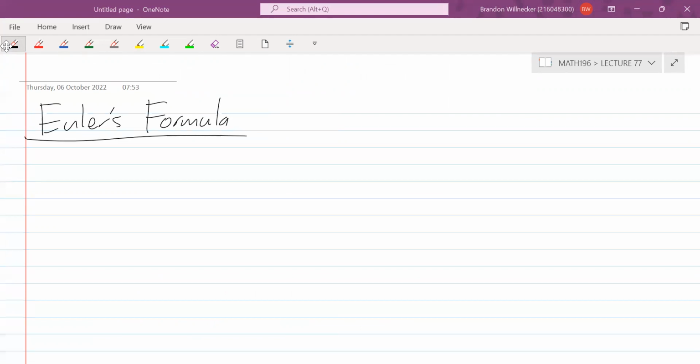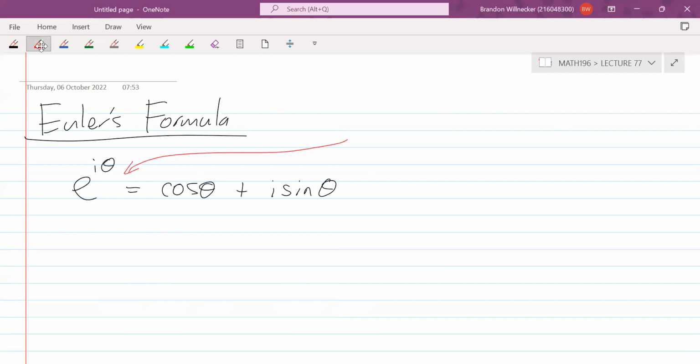So Euler's formula says that e to the i theta is equal to cos theta plus i sin theta. What we're doing here is taking the standard exponential and extending it to complex numbers.